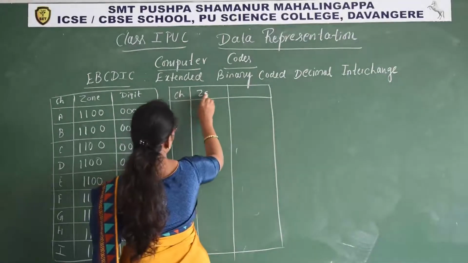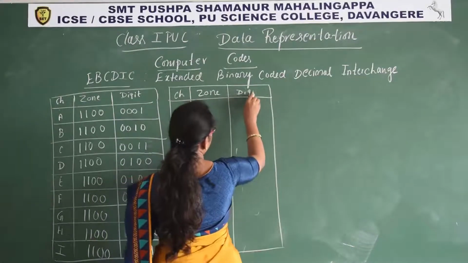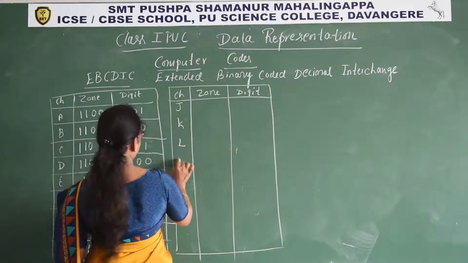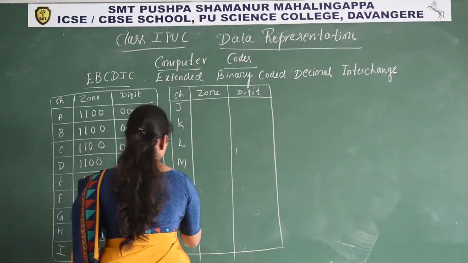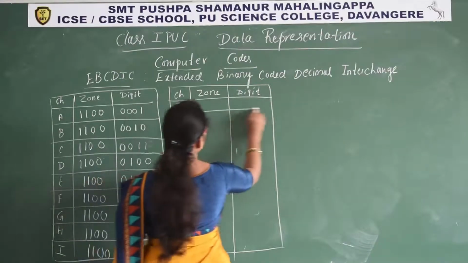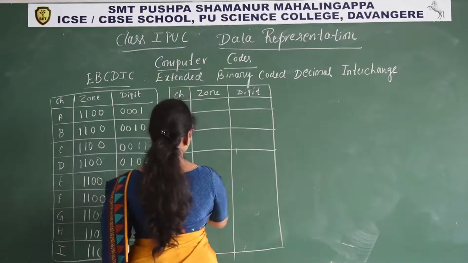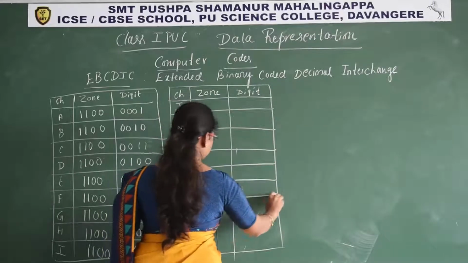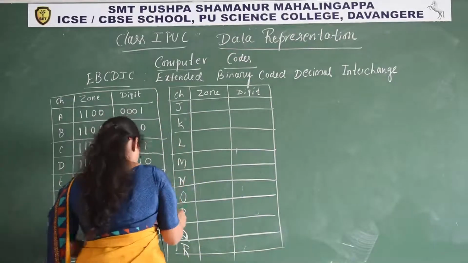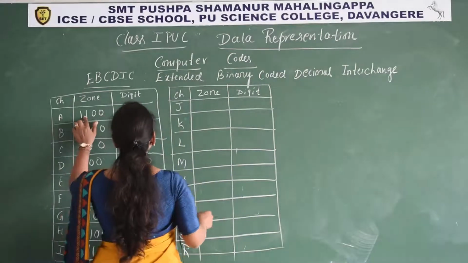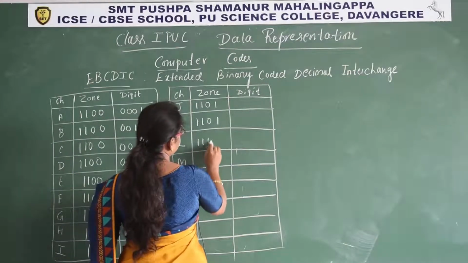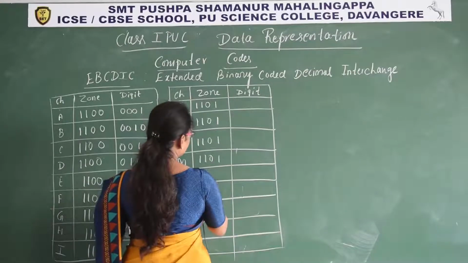Character, zone bit and digit. J, K, L, M, N, O, P, Q, R. Now zone bit is 13, 8421, 1101, 1101, 1101, 1101.